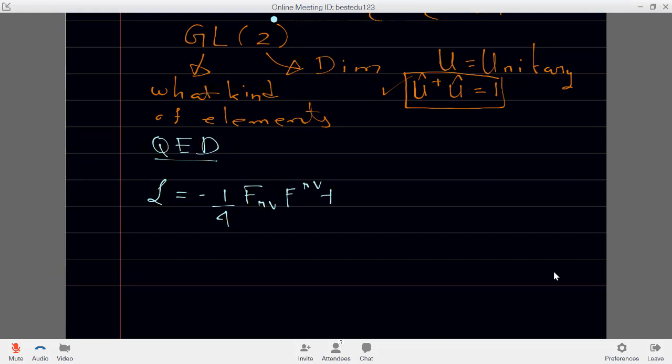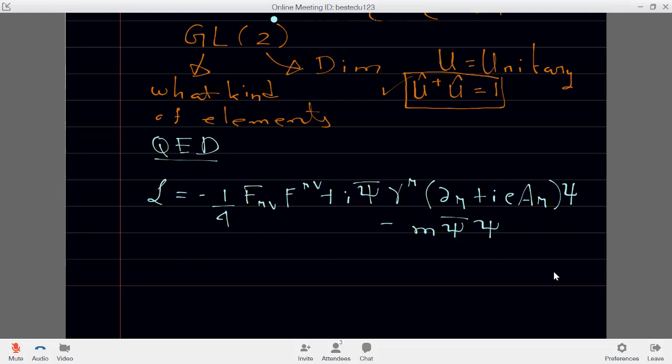This is the Maxwell part, and this is i psi bar gamma mu (del mu plus i e A mu) multiplied with psi, minus m psi bar psi. So this is the Lagrangian for QED.